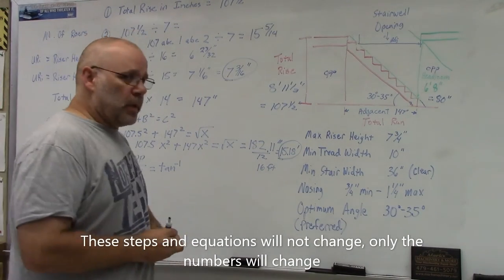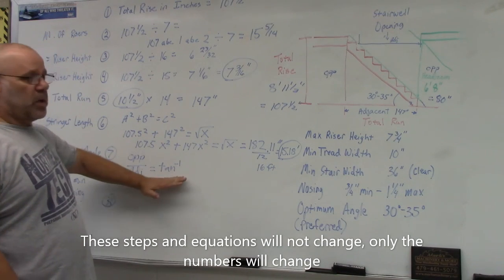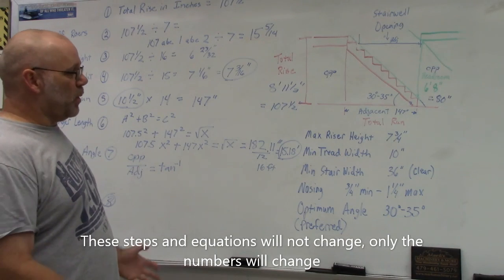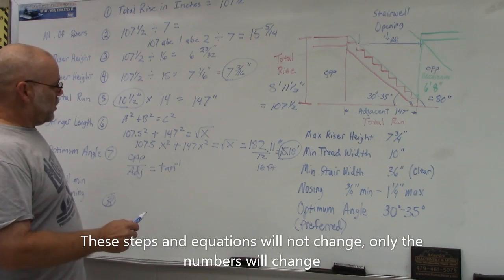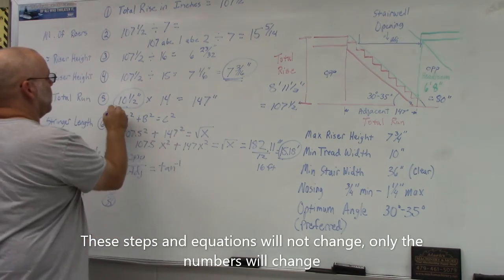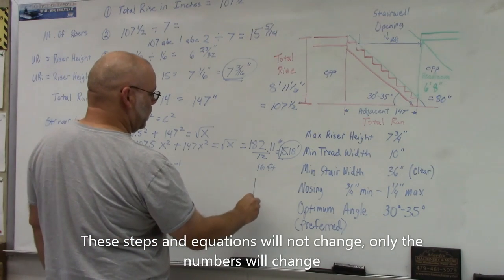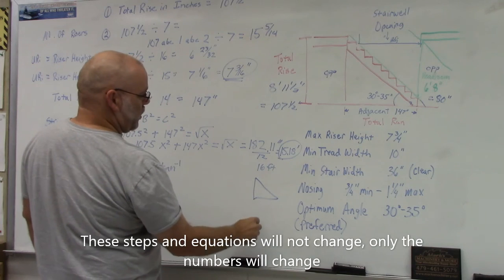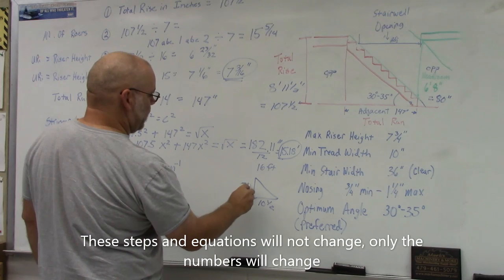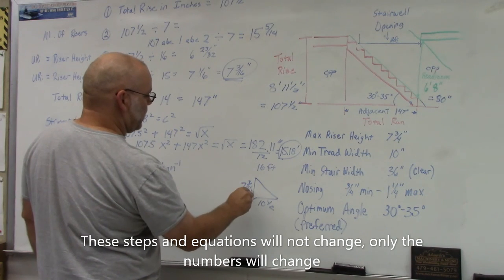All right, so we have our equation opposite over adjacent equals tangent -1 or inverse tangent. So we have to figure out what numbers are we going to use. All right, so we're going to use this number here and this number here. Okay, if I draw a little triangle for your stairs, you have 10.5 here, and you have the 7 and 3/16 here.